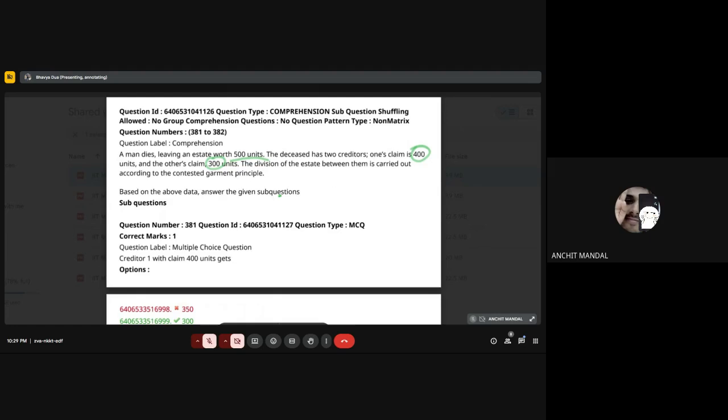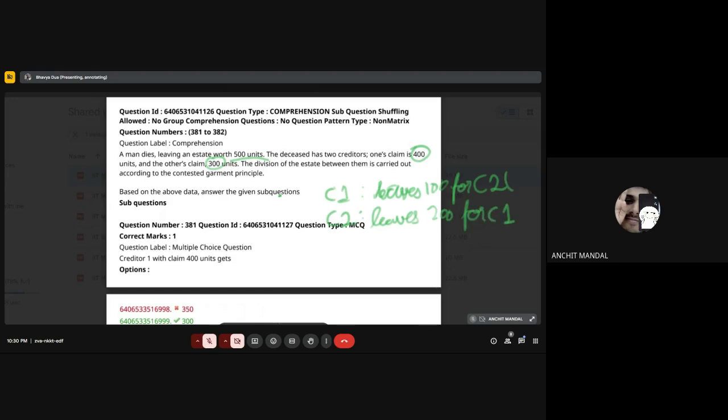Now, if we look at creditor 1, creditor 1 says that creditor 2 can have the other 100 uncontested. That leaves 100 for creditor 2 uncontested. And if we look at creditor 2, that leaves 200 uncontested for creditor 1.